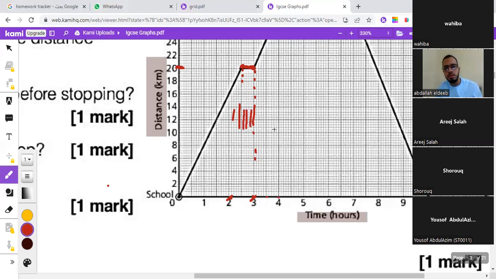No, 10 lines. Between 2 and 3, we have 10 small lines.